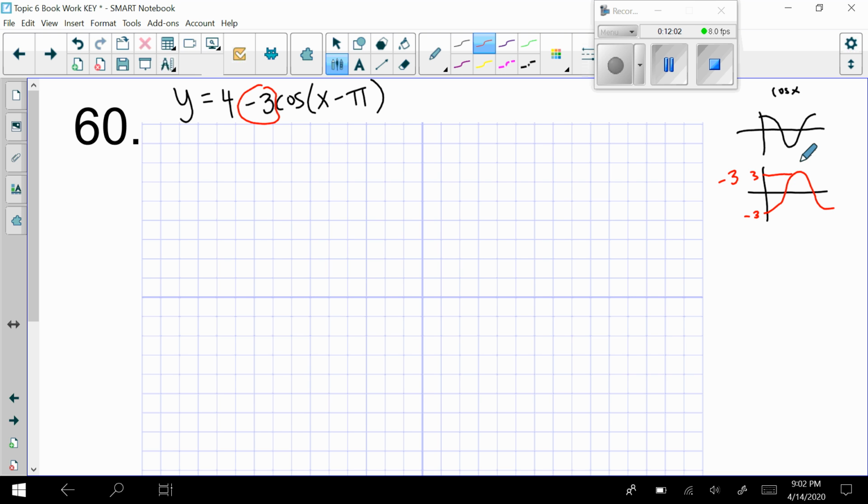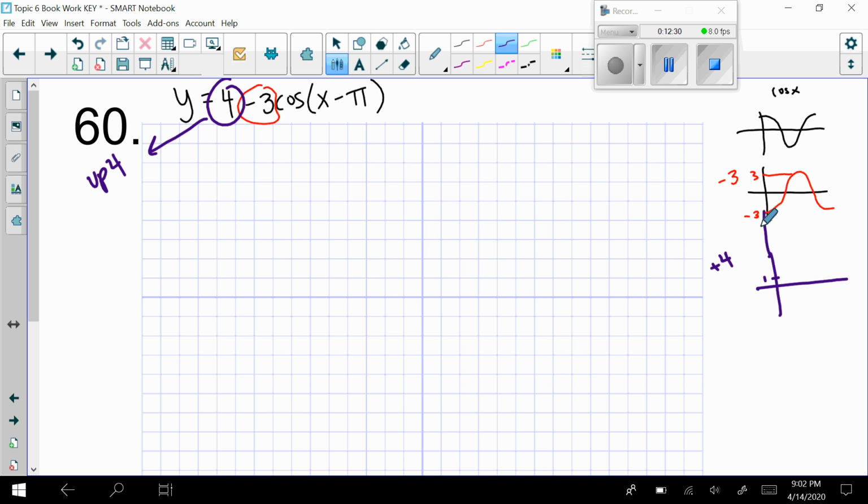Everyone good so far, hopefully. Just taking care of the amplitude and the reflection. So now this is going to move us up 4. If I take this graph and shift it up 4, taking care of the +4 out in front, this is now going to start me at 1, correct?